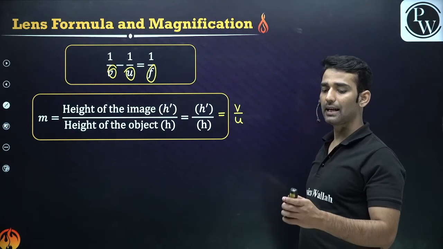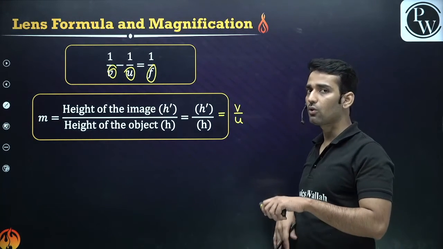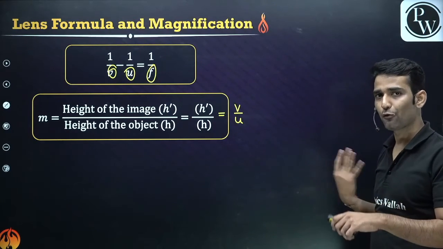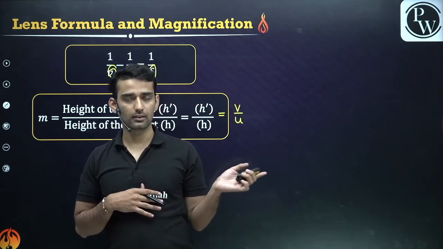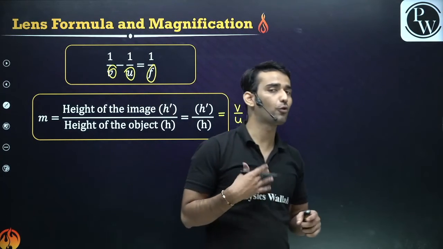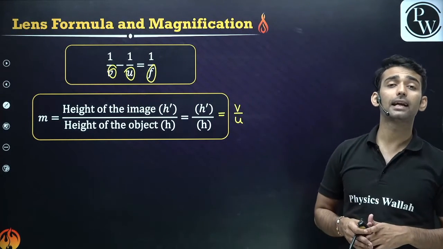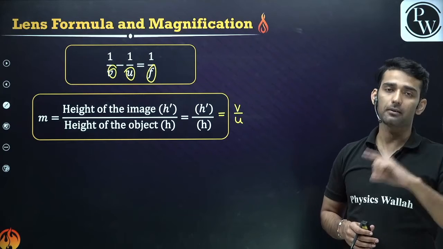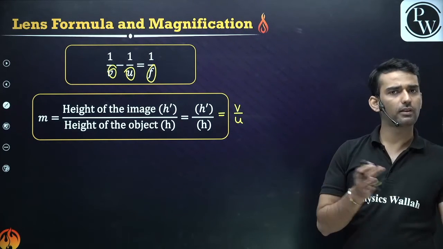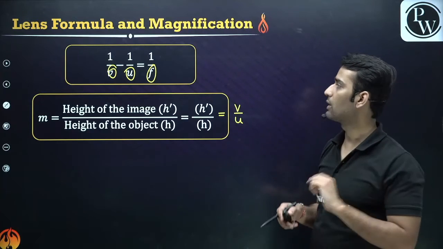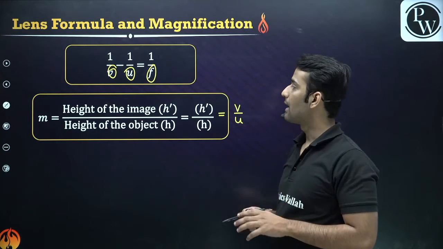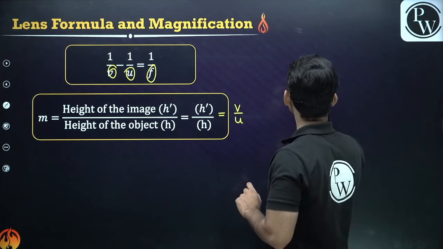Okay, and guys, sign convention is the same. For concave lens we have negative focal length like we had for concave mirror. For convex lens, focal length is positive like we had for convex mirror. Okay, object distance is always negative, image distance depends whether the image is formed on the right or to the left. Okay, and magnification is also same.